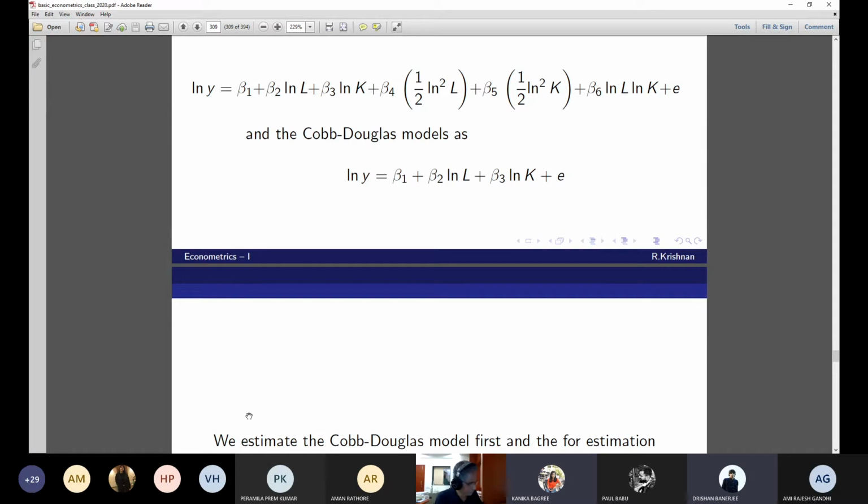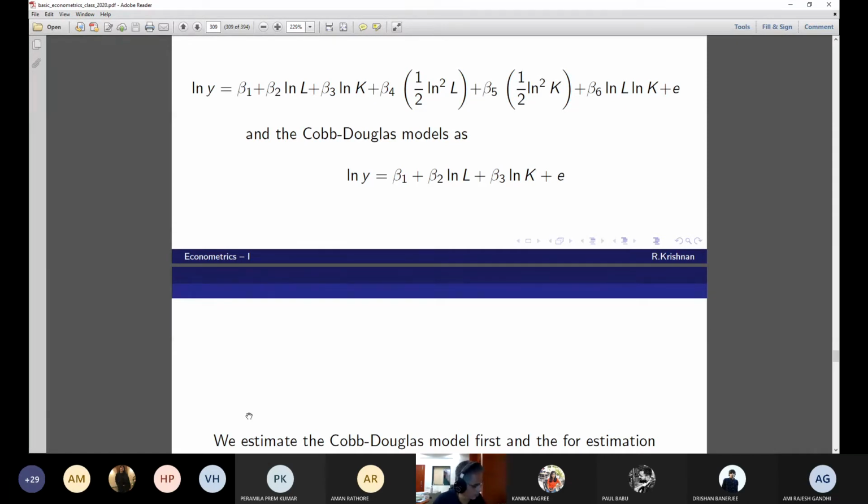Sir, in the model which you gave in the earlier slide, there was... Sir, and in the results you've given, what is log Q?